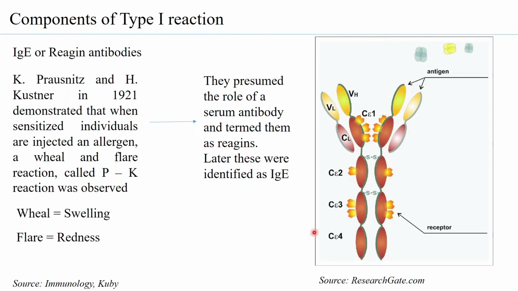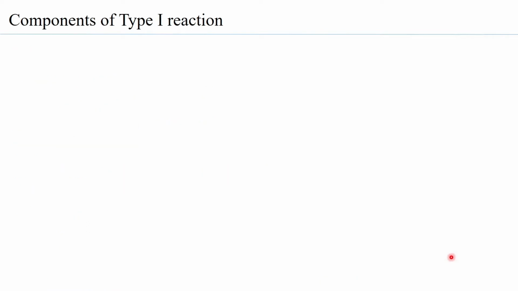When you look at the structure of IgE, it has an additional domain in the constant region, but it is always the C epsilon 3 region which associates with the Fc receptors, while these are the antigen binding regions. This is typically an IgE molecule. You can see how it has glycans associated, and these glycans help in association with the receptor molecule.